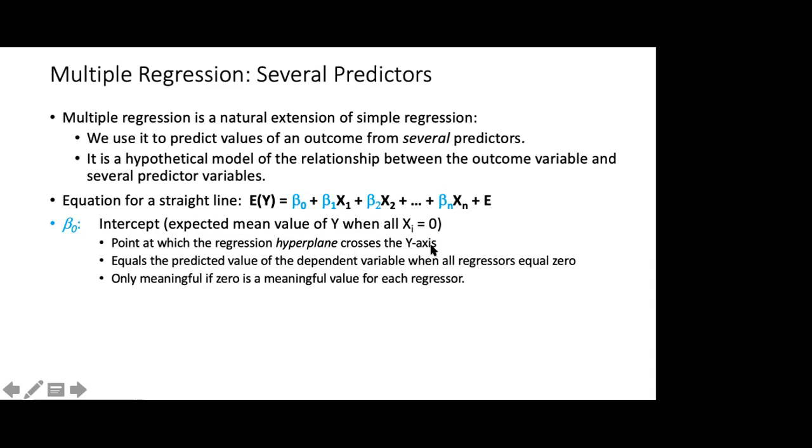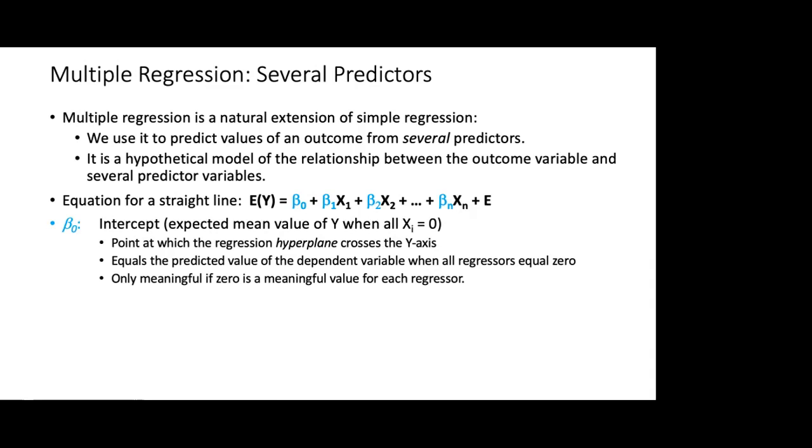And this hyperplane, so a hyperplane is a subspace. It's a subspace whose dimensionality is one less than the number of parameters in our model. So basically, the dimension is equal to the number of predictors.